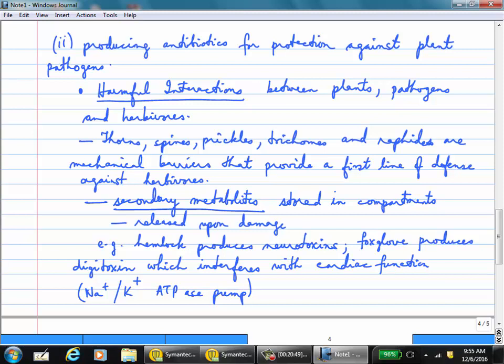Now if some herbivore eats that foxglove plant in the right dose, it is going to mess up cardiac function, because for the heart cells to even generate the heartbeat, that sodium potassium ATPase has to function. So they interfere with cardiac function, leading to increased myocardial contraction.